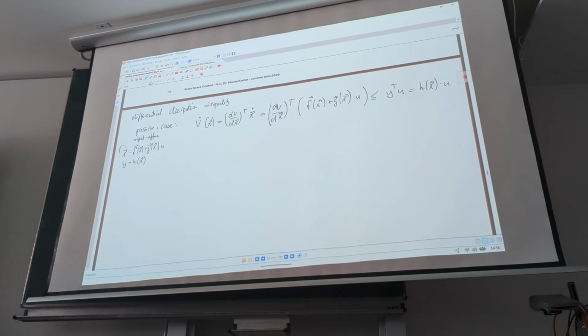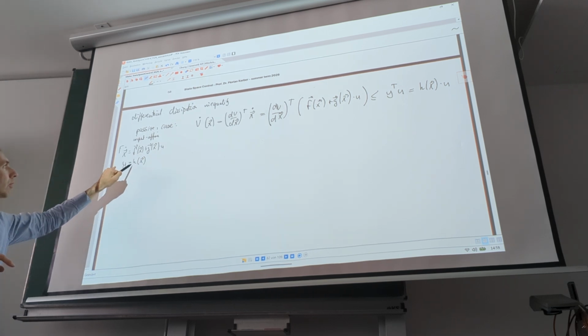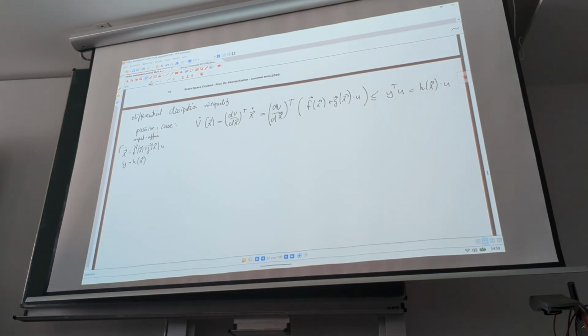So that would be, for example, the inverted pendulum as we derived it also in class. This would be the input affine case. SISO, so u and y, MIMO would work, of course, as well. And I have also the non-feed-through term here, but it would also work.